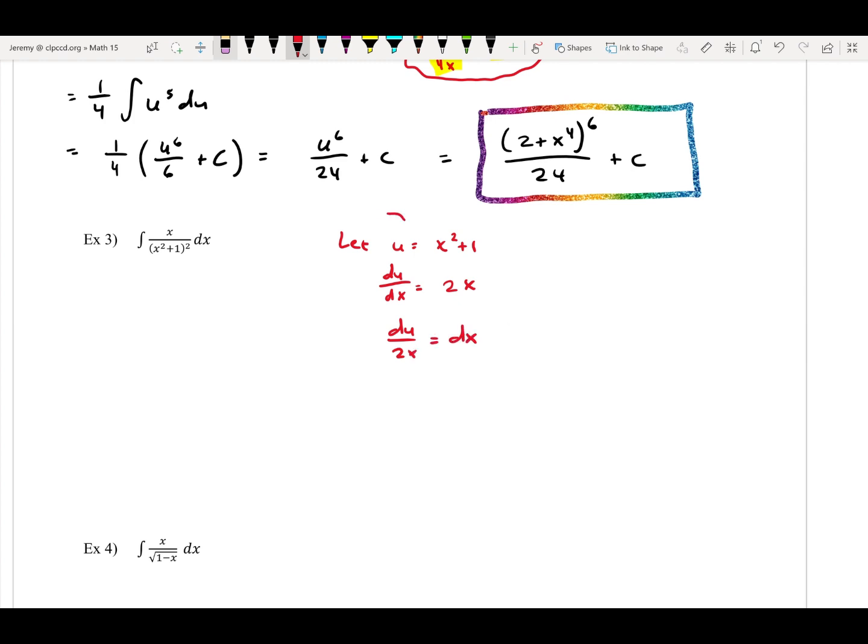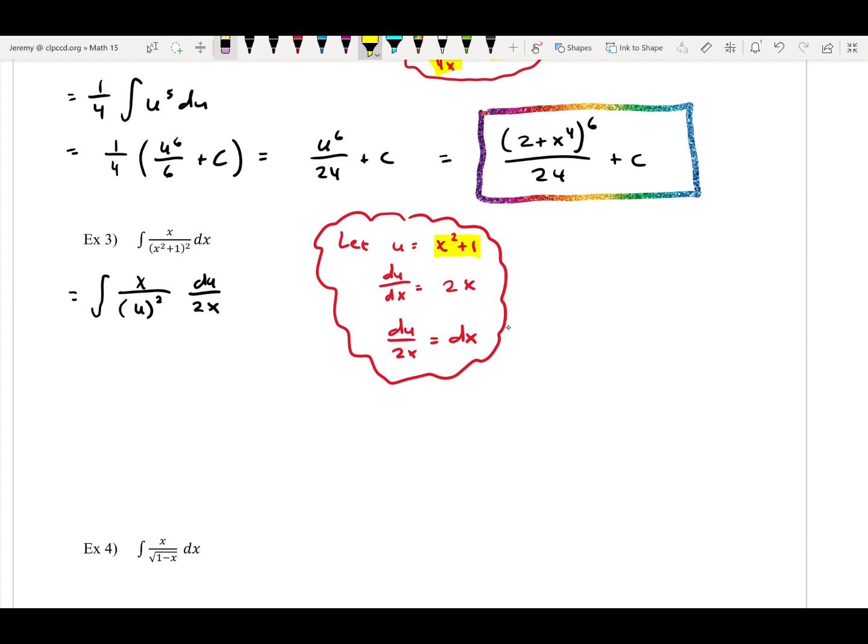So let's try the substitution, see if it's effective. In for x squared plus 1, I'm going to put u. So it'll be x over u squared. And then in for dx, I'm going to put du over 2x. Again, just grabbing from right here and from right here.